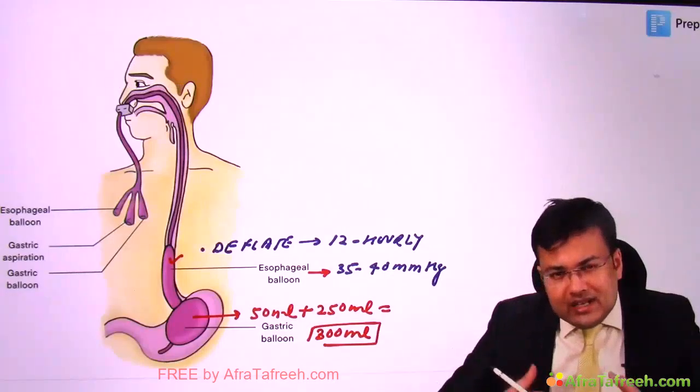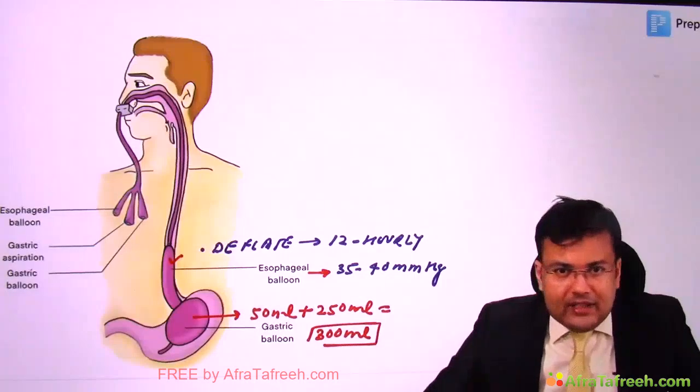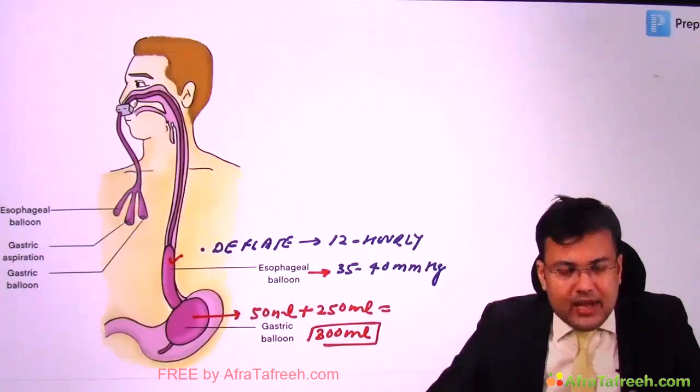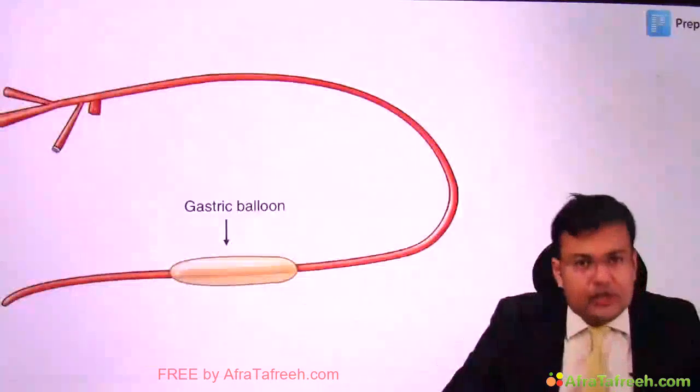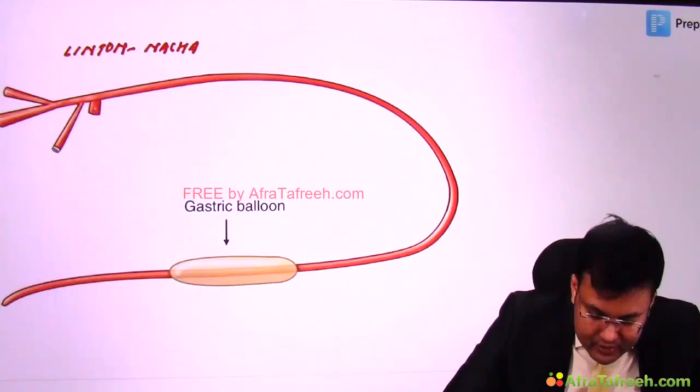For isolated gastric varices, we can use a single balloon tube, and that is known as the Linton-Nachlas tube, and the capacity of the balloon is 400 to 700 ml. So you can see how many balloons.